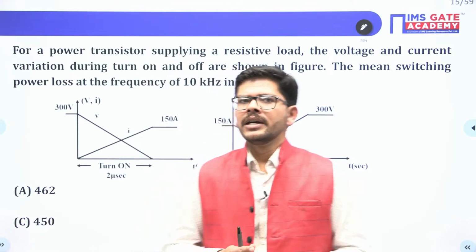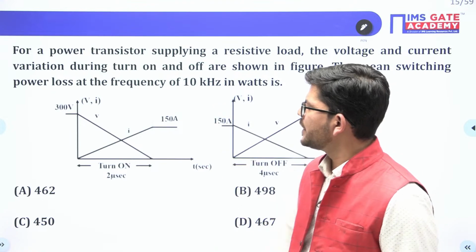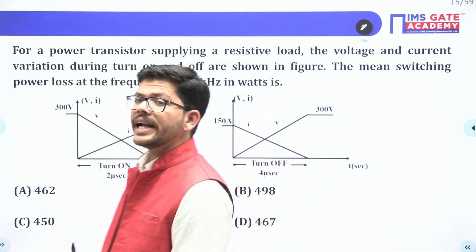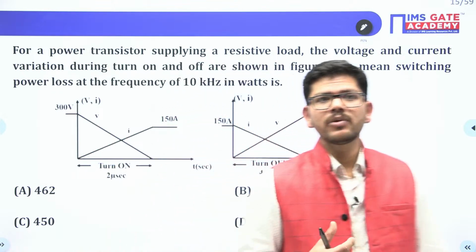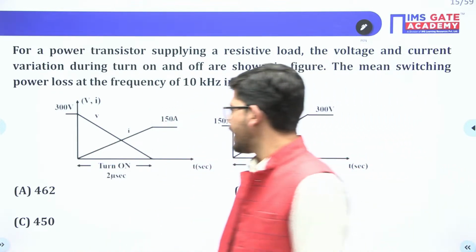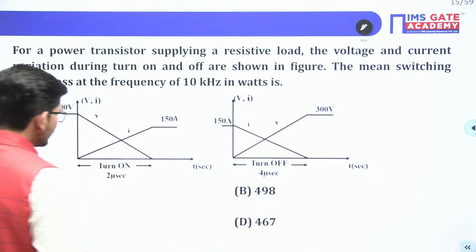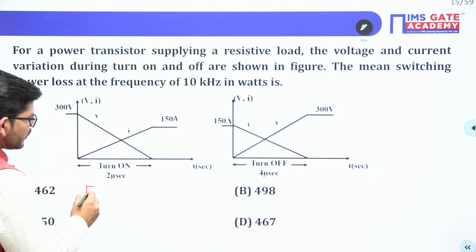Okay. Now, coming to this particular problem, we have to calculate the power loss across the switch. So how do you calculate the power loss? In order to calculate the power loss, guys, first of all, you have to calculate the energy loss.